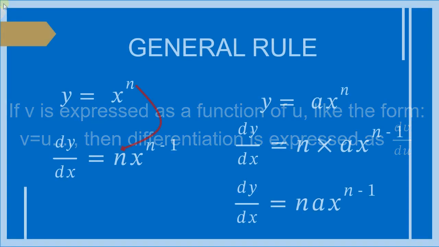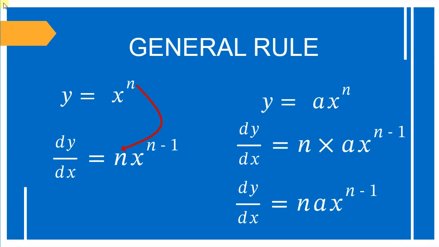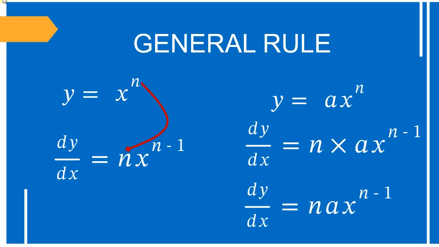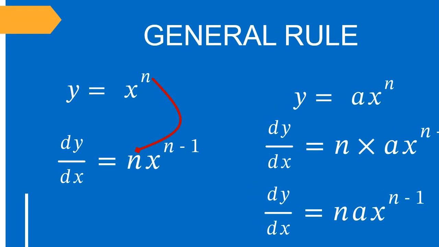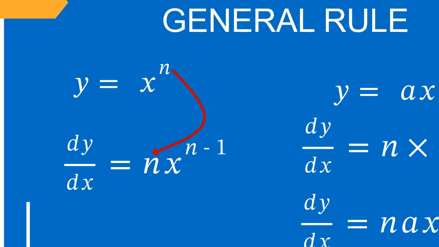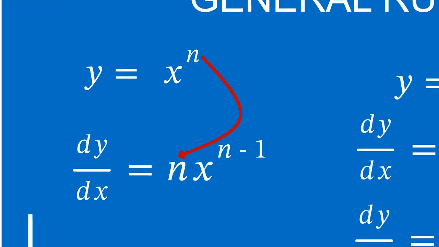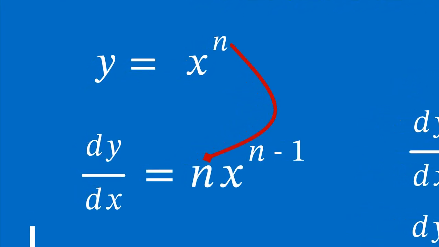Now we're looking at the general rule of differentiation. Given that y is a function of x and we have y equals to x raised to power of n, our dy dx, that is the derivative of y with respect to x, will bring down the power. It becomes the coefficient of x, then we subtract 1 from the original power.